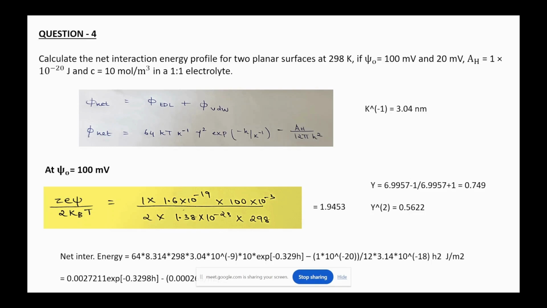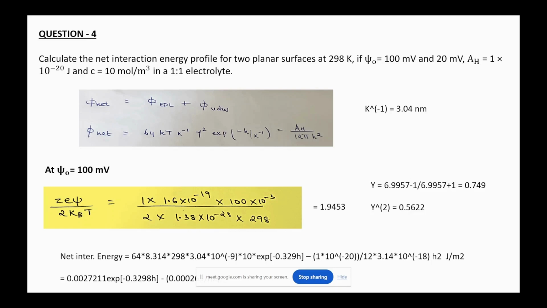And there is another type of interaction present between the two planar surfaces. Can you tell what the second one is? It is there in the presentation itself. Any responses?